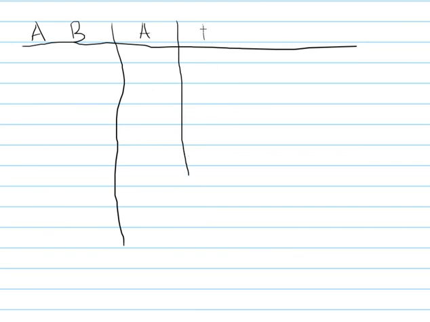Here it's very simple: the first premise is A, the second premise is B. And then we add another main column for the conclusion. Now we're going to quickly fill in all the possible combinations for A and B. Because there are only two, there are only four possible combinations.